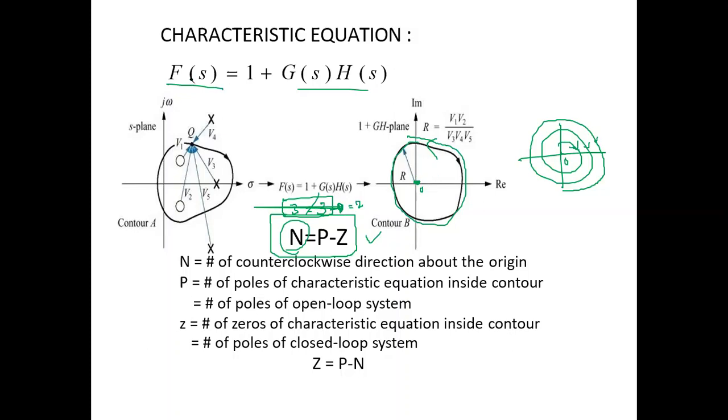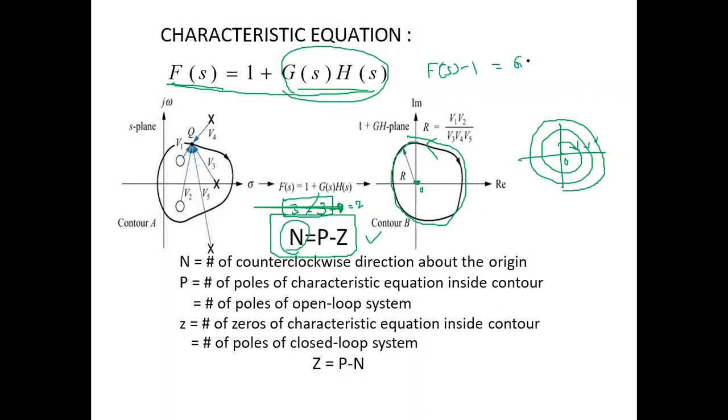And here the f of s plane is giving 1 plus g of s into h of s. Instead of that, we know only g of s, h of s. By this we can directly analyze system stability, right? As usual, with g of s, h of s, without doing this LCM and finding poles and zeros, we can directly take this and we can get the f of s minus 1 plane instead of the f of s plane.